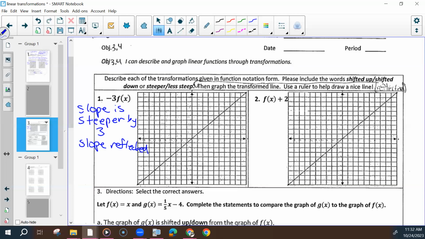What about the y-intercept? It stayed the same. So now we have to graph it. If the y-intercept stayed the same, we're going to plot it at that same point. Now, if it's steeper by 3 and reflected, how would I draw this slope?